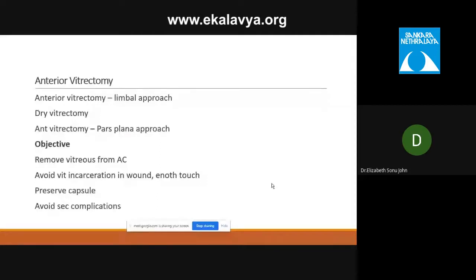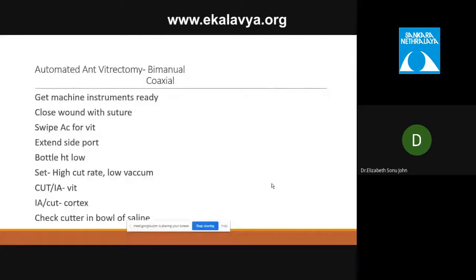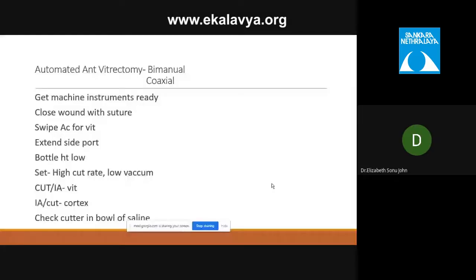By doing anterior vitrectomy, you avoid vitreous incarceration in the wound and capsule, and avoid secondary complications like corneal decompensation and glaucoma. Now, automated anterior vitrectomy can be bimanual or coaxial. Bimanual means the irrigation is separate from the cutting, and in coaxial, it is in the same probe.